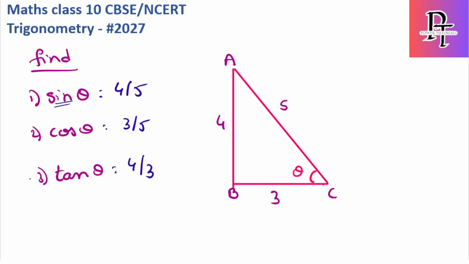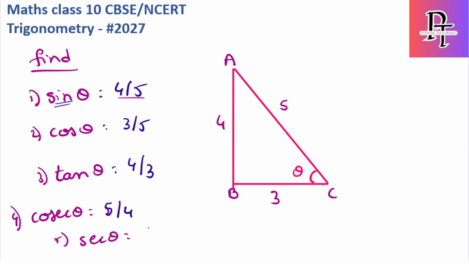For the same triangle, I'll also write what cosecant theta is. Cosecant theta, as I told you, is the inverse of sine. The inverse of sine, which was 4 by 5, is just the reverse, 5 by 4. So 5 by 4 is cosecant. Next comes secant theta.